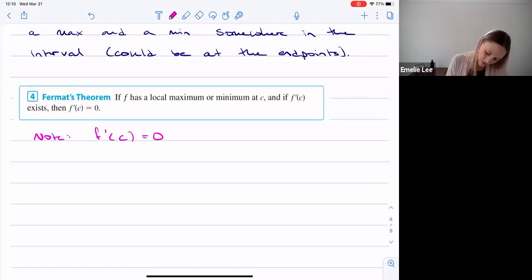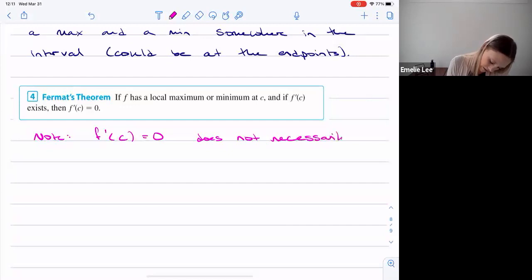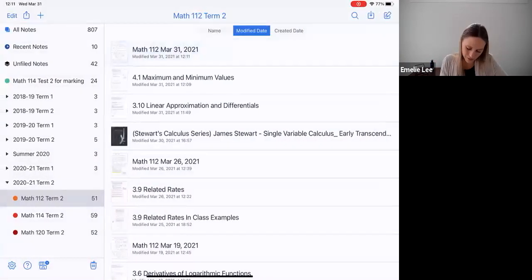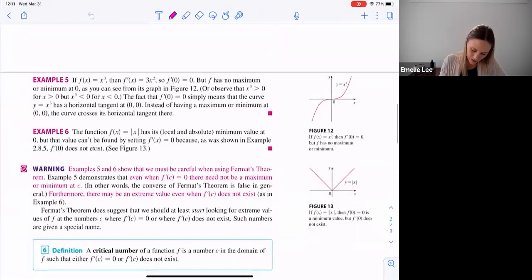So note the derivative equal to 0 does not necessarily mean we have a max or min at c, right? So it only works one way, not the other way. And on the next page, I've got 2 examples where this can happen, or kind of a mashup of examples, I should say.